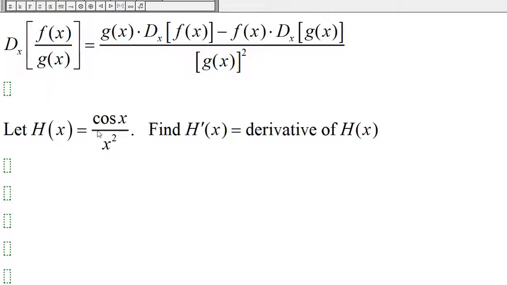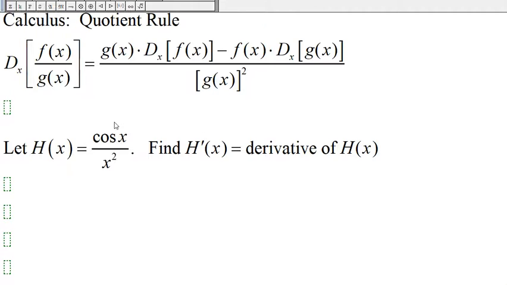Here we have the function h of x, cosine of x, dividing by x squared. And we want to use the quotient rule to find the derivative for h of x. And so using the quotient rule, f of x is the cosine of x, and g of x is the x squared.